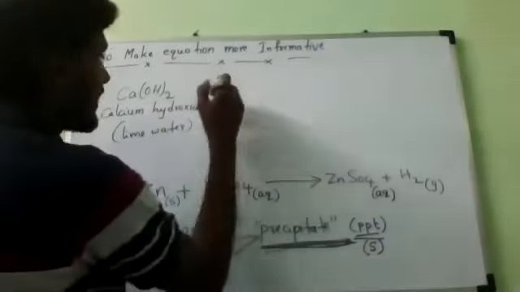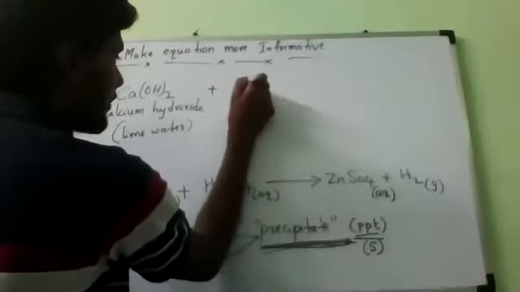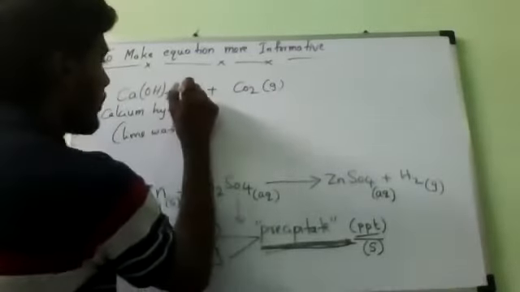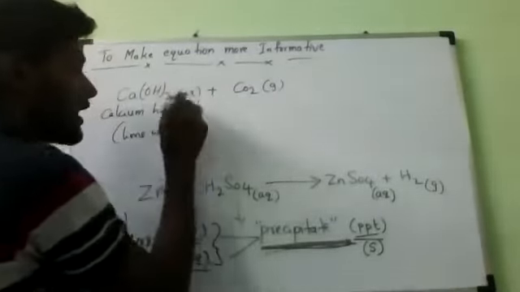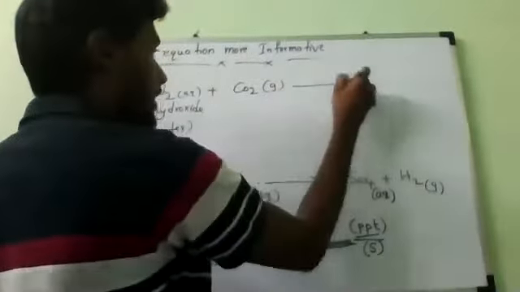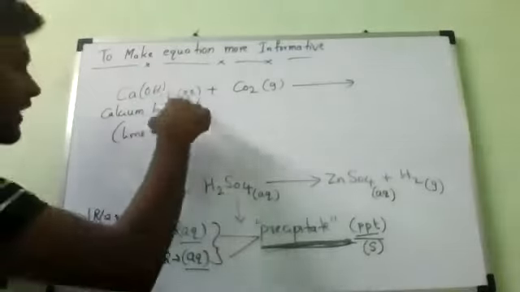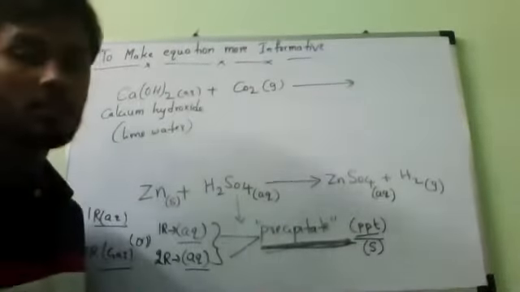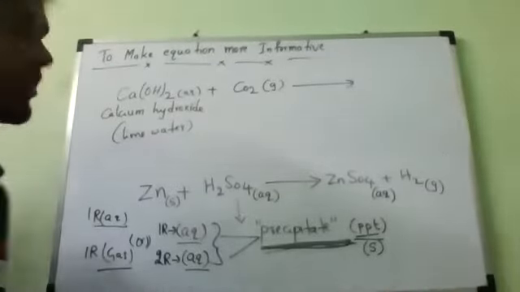When it reacts with carbon dioxide gas, calcium hydroxide is in the aqueous state, (aq), reacting with a gas. So in this case, will precipitation form or not? Observe very carefully. One is in aqueous state and the other is a gas. Will the reaction take place? Yes, because it is the condition for formation of a PPT.